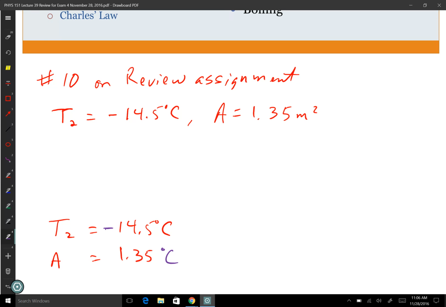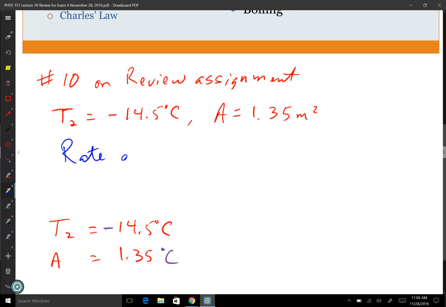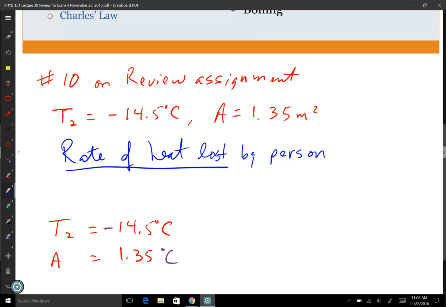The third problem is that it asks the rate of heat emitted by the person or lost by the person, something like that. I don't remember the exact words. And if you say the rate of heat loss, that means it should be positive if heat is going out. Since the person is hotter than the environment, the heat should be going out. But they want an answer with a negative sign.